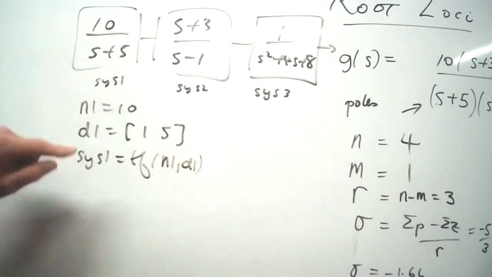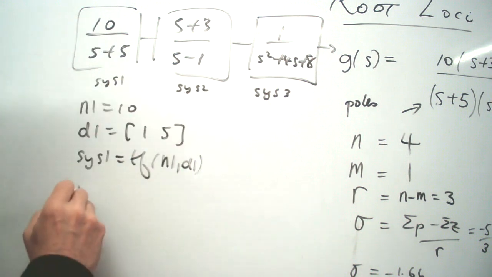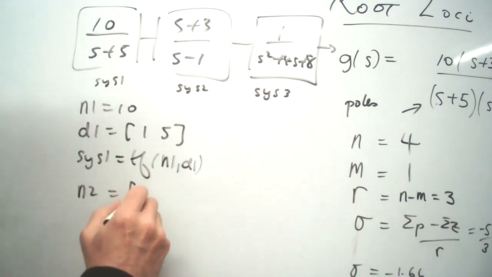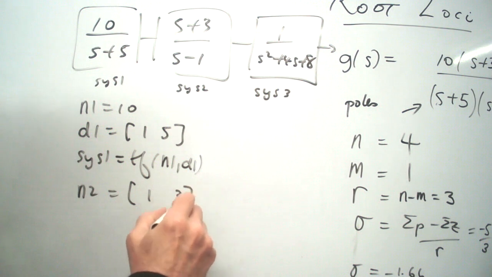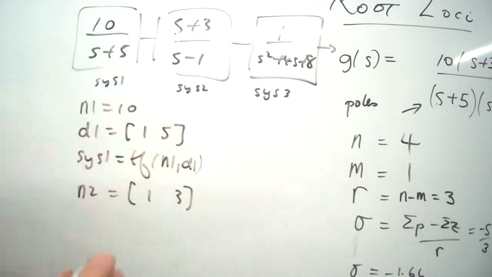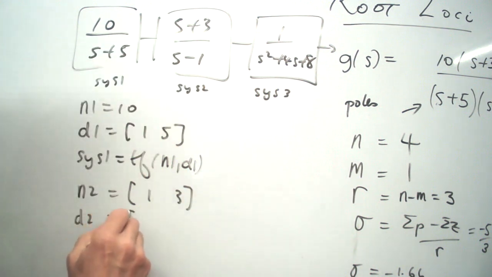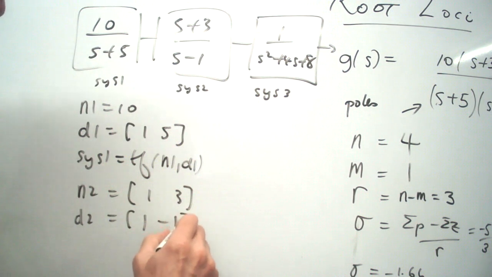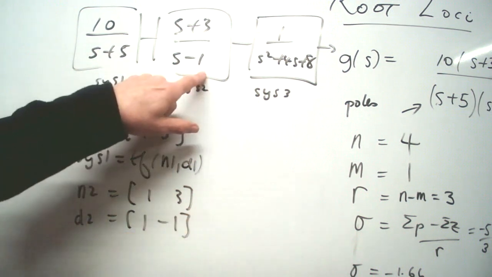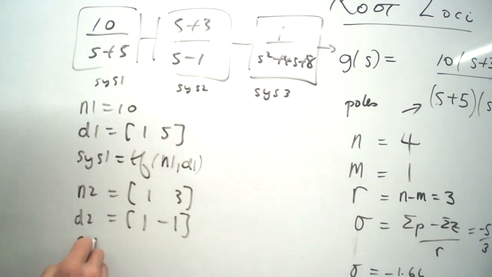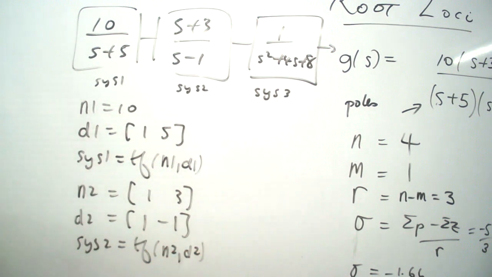We do the next one: n2 equals 1 3, that's the 1 and the 3, and d2 is 1 -1, that's the 1 and the minus 1. Then sys2 is tf(n2, d2).